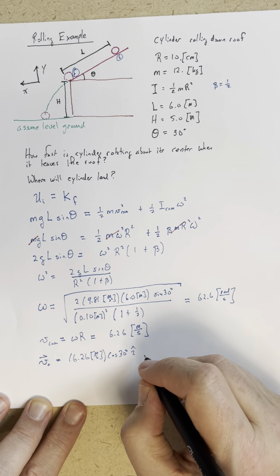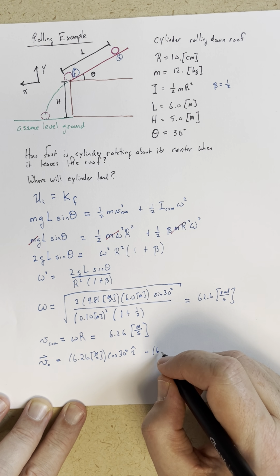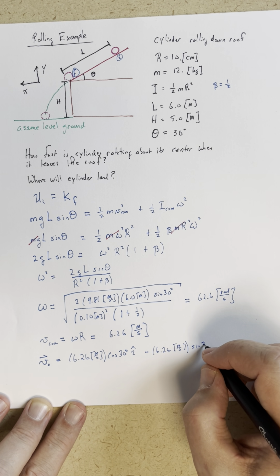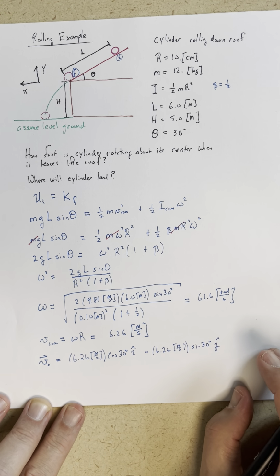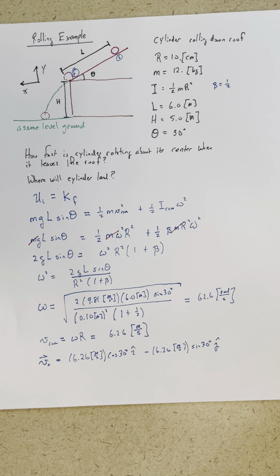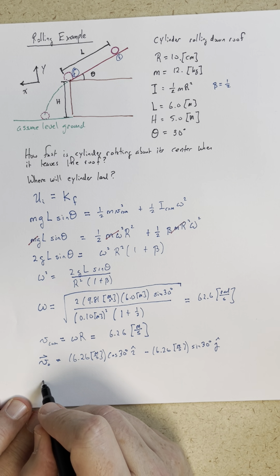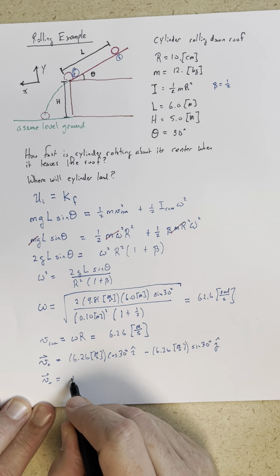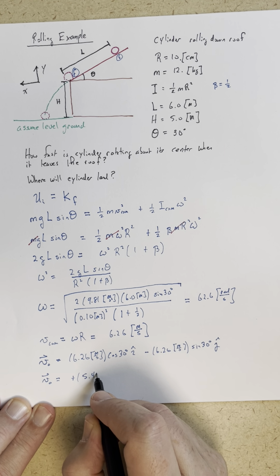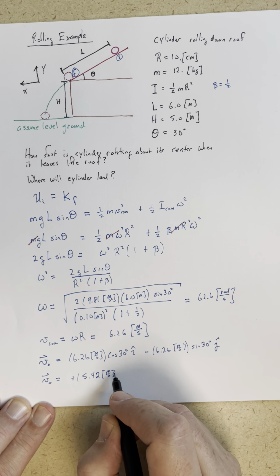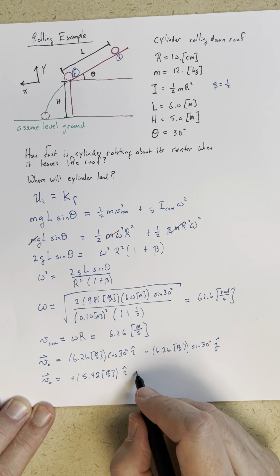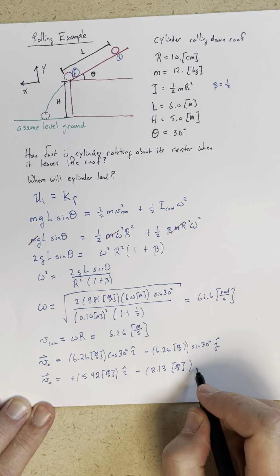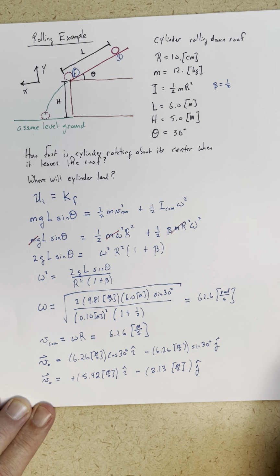Then it's falling down initially. So minus 6.26 meters per second sine of 30 degrees along the y direction. And then multiplying that out, you have our initial velocity plus 5.42 meters per second along x, and then minus 3.13 meters per second along y.